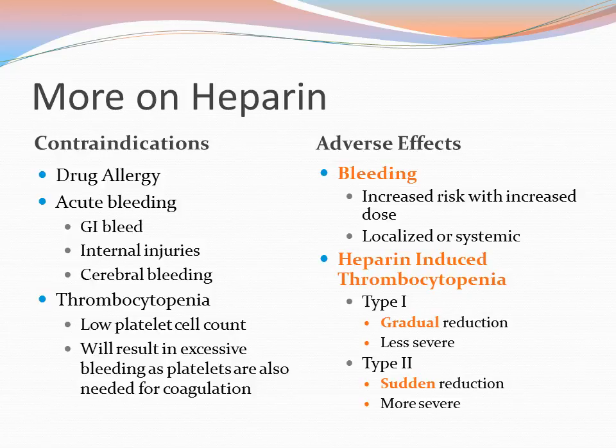However, type 2 is characterized by a sudden reduction in platelets. And by sudden, they mean greater than 50% from the baseline. So their platelets are going to fall by half of what the original value was. And they'll keep falling by half to the point where the patient eventually has no platelets left. And when they have no platelets left, they become a huge risk for bleeding. But the other weird thing that happens when the platelets fall so low is it causes a paradoxical occurrence of thrombus.